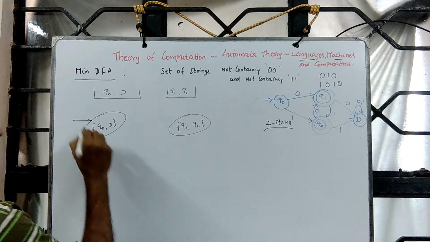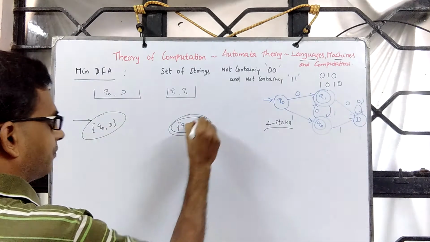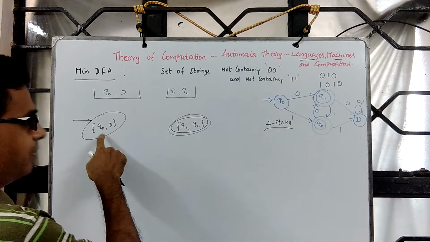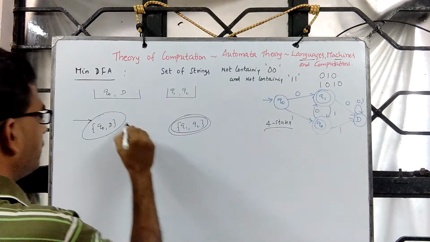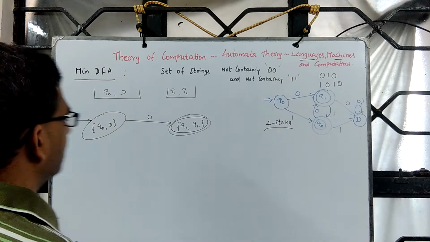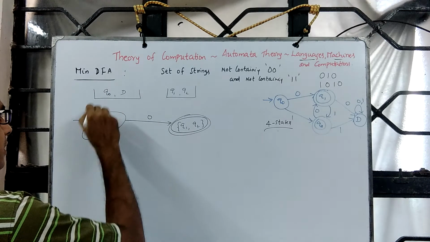So this is our start state, and Q1, Q2 is our final state. Let's look at the transition. Delta of Q0, 0 is Q1 and delta of D, 0 is D.